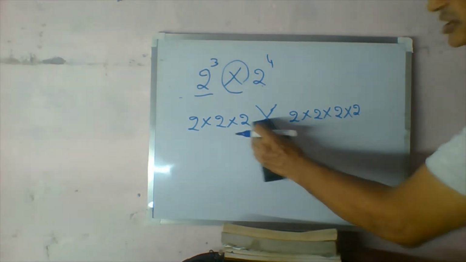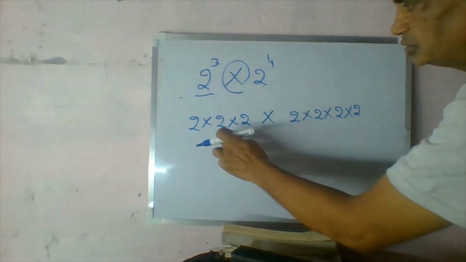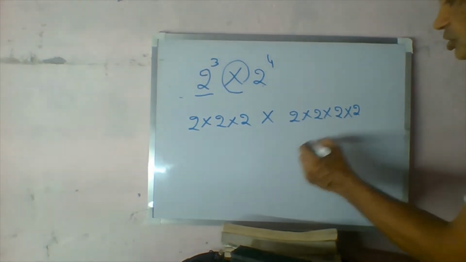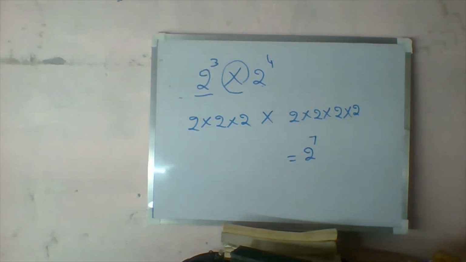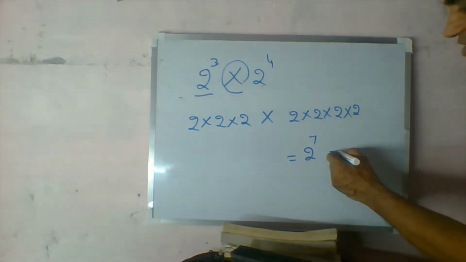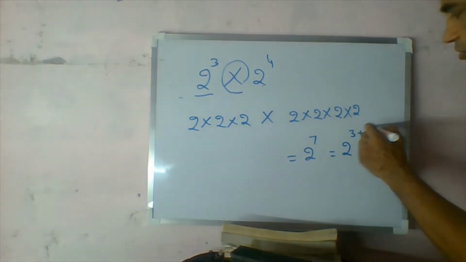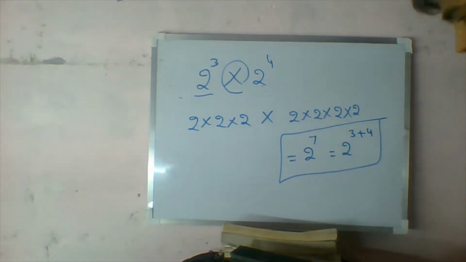So in actuality it is 1, 2, 3, 4, 5, 6, 7, that is 2 raised to power 7. And we notice that it is actually 2 raised to power 3 plus 4. So we can write it here.